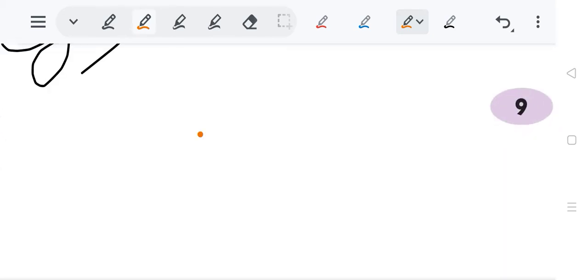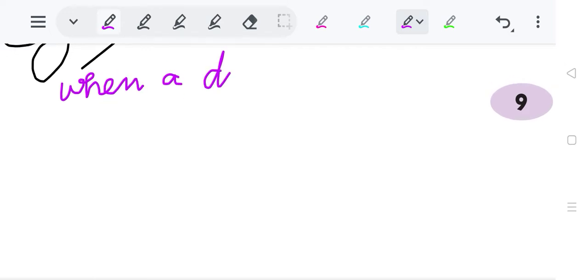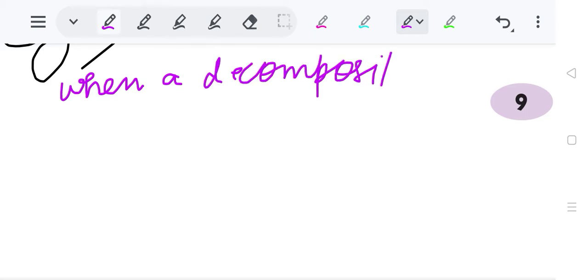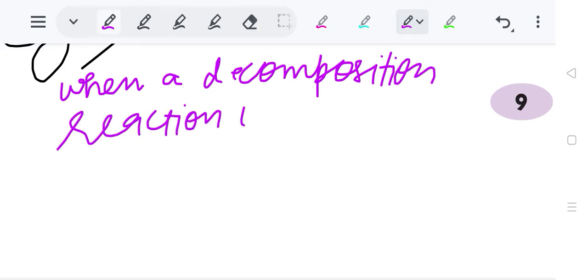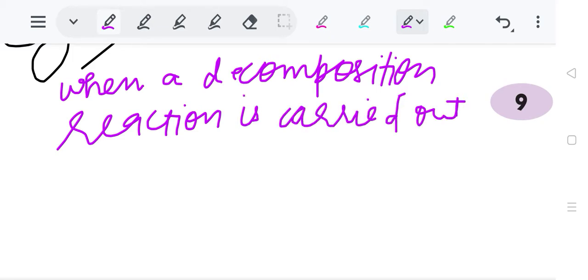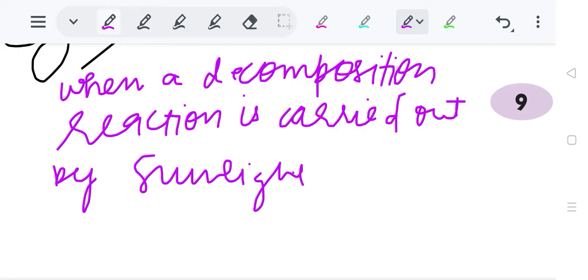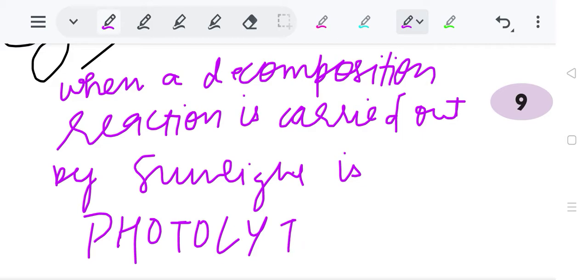If I write the definition now, when a decomposition reaction is carried out by sunlight, it is called photolytic decomposition reaction.